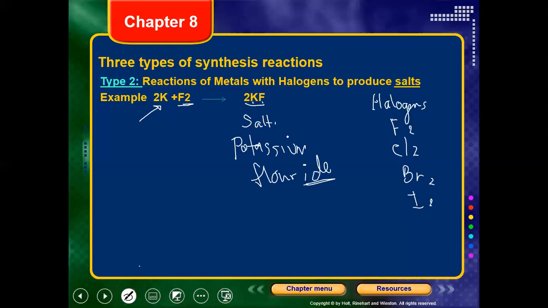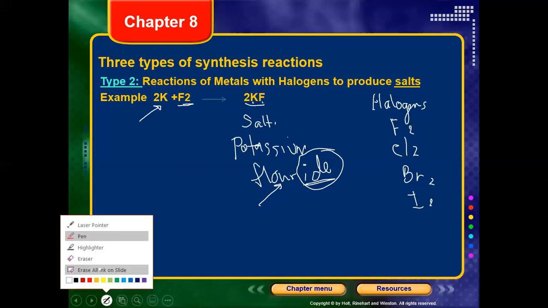The first element, which is a metal, the name of the ion is the same as the name of its neutral atom, whereas the name of the negative ion must end with IDE. So potassium reacts with fluorine, giving potassium fluoride, okay? And don't forget to balance the chemical equation.